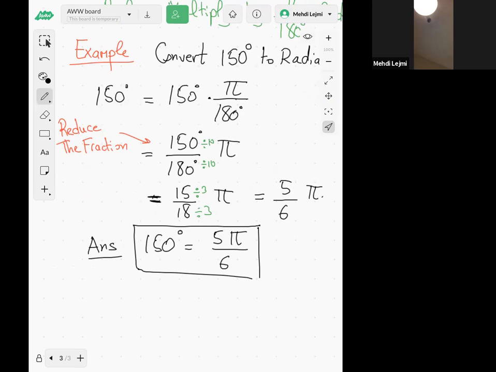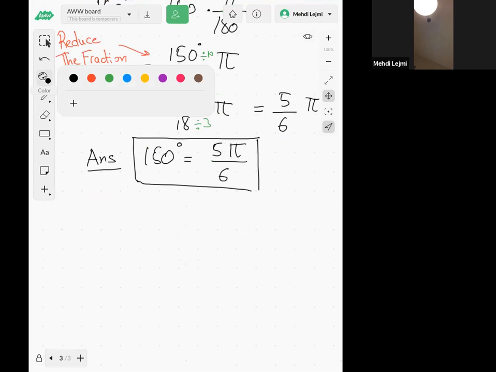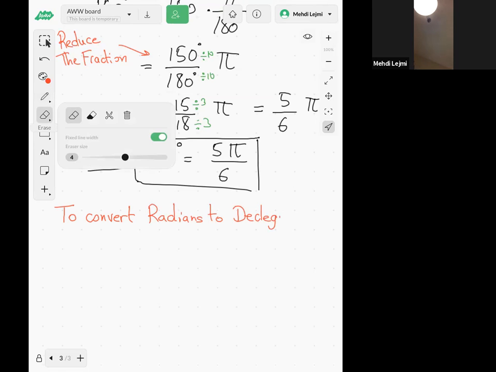Now, the other way around, to convert radians to degrees, you just multiply by the reciprocal, which is 180 over pi.